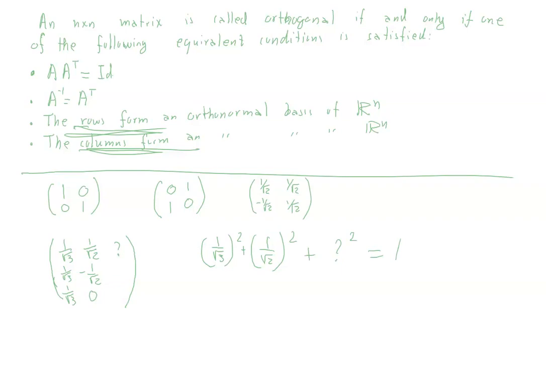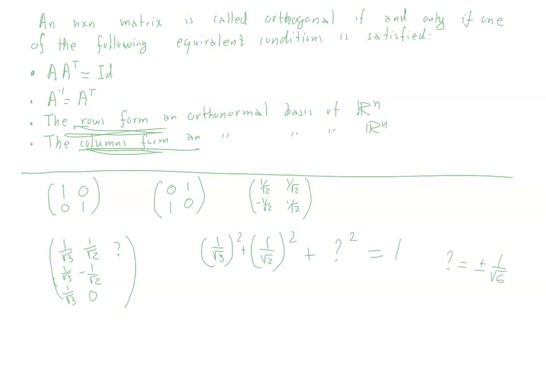Because 1/3 plus 1/2 is going to be 5/6. And so the other side is going to be 1 minus 5/6, which is 1/6. So that will tell you that the question mark is going to be plus or minus 1 over square root of 6. Okay, so far so good.